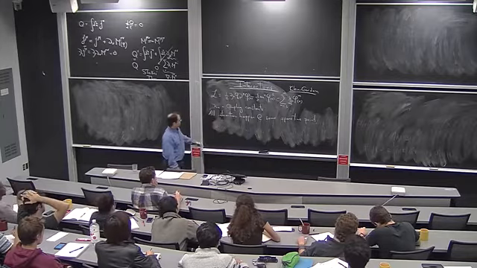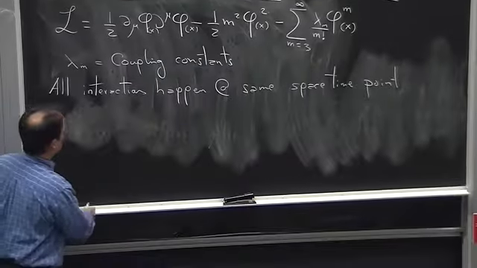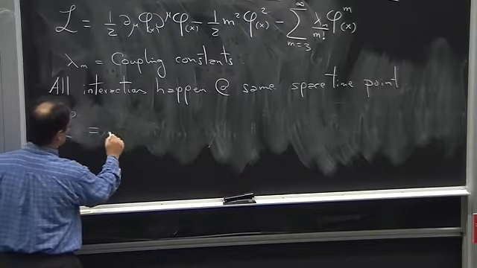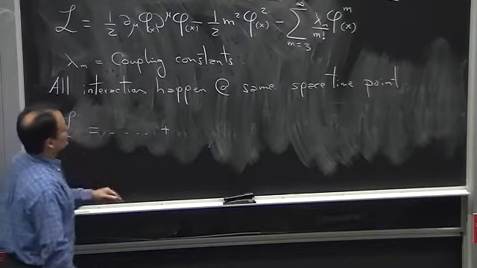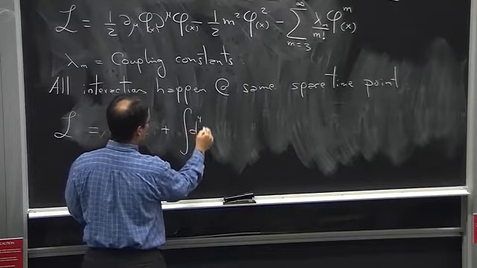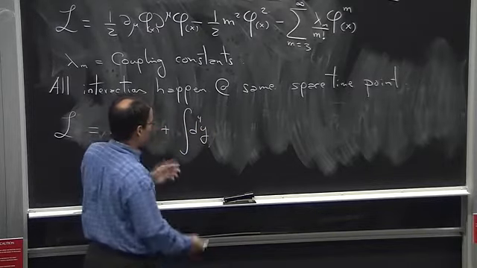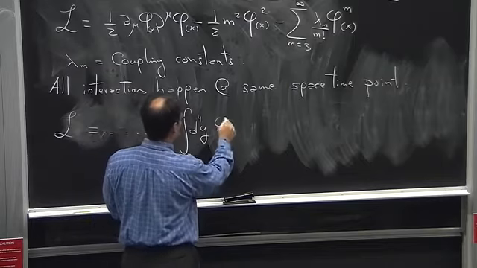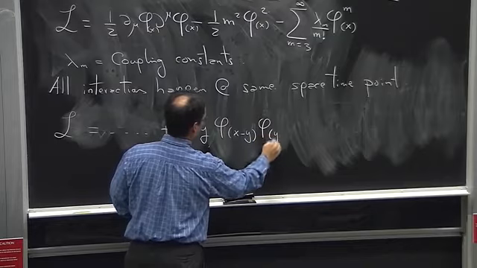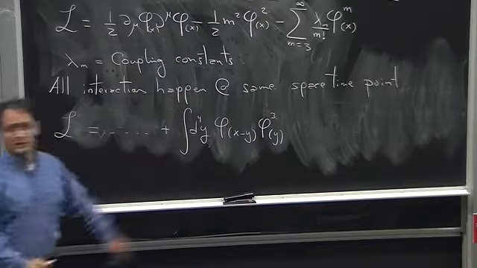So could I have done something else? Well, yes, I could have added to the Lagrangian something that looks like this, say, integral d^4y. I mean, just to say something crazy, I don't know. How about this?